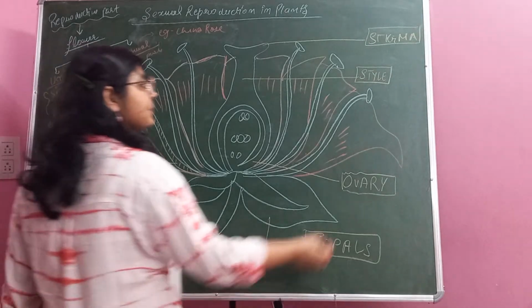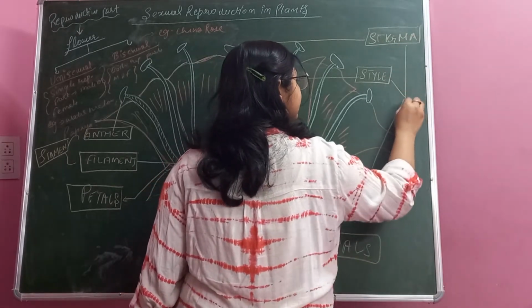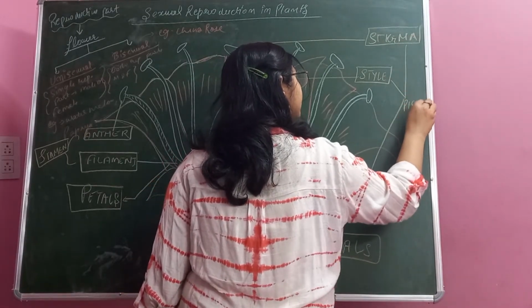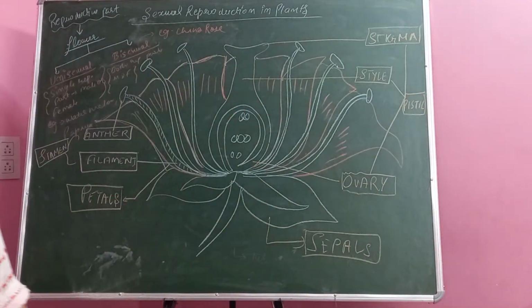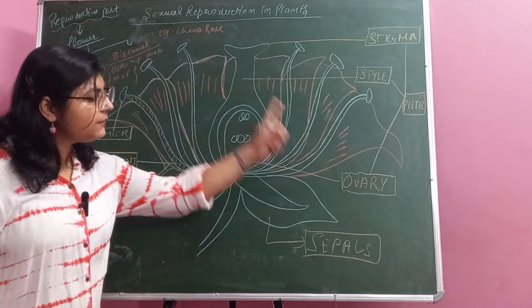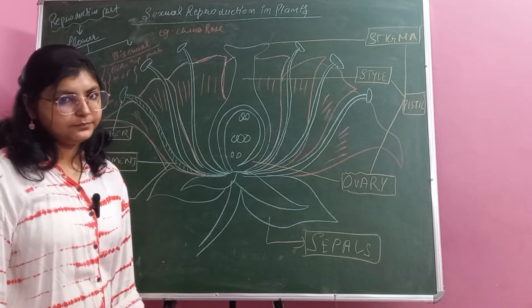The female reproductive system is combinedly called pistil. Now, this is a full-fledged diagram of a bisexual flower.